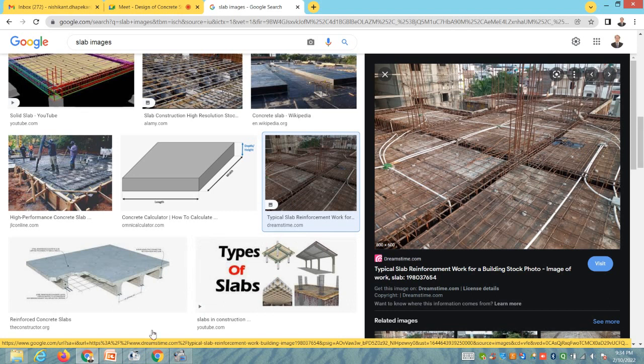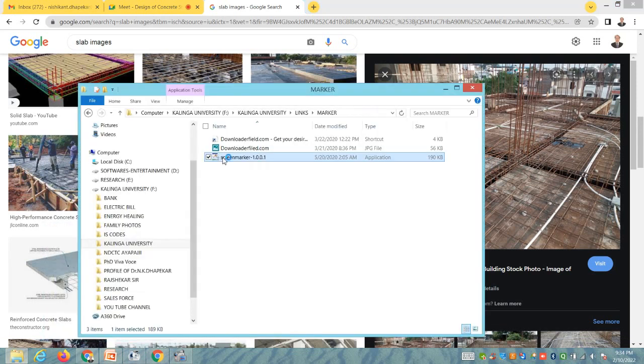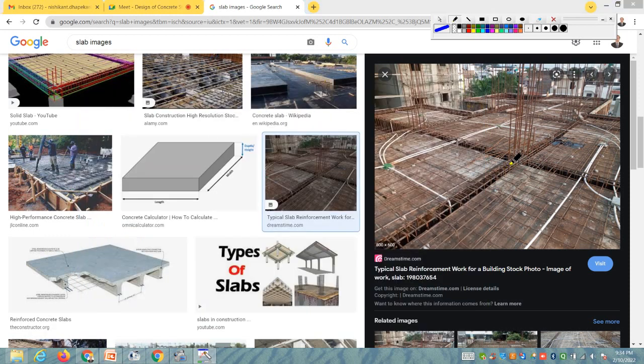And see, this is beam. I shall show you here. See this. This is your beam, right? This is your beam. These are the columns. Now, concreting has not been done.